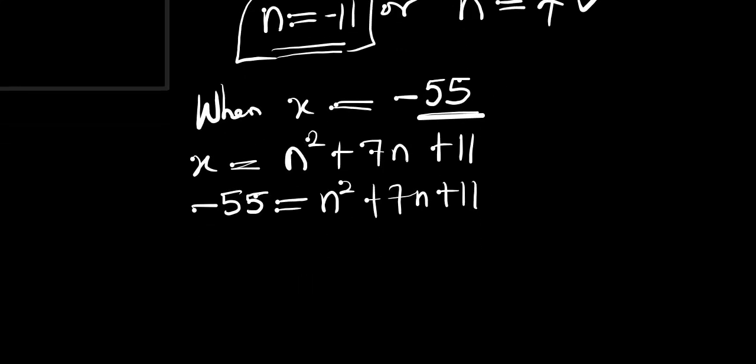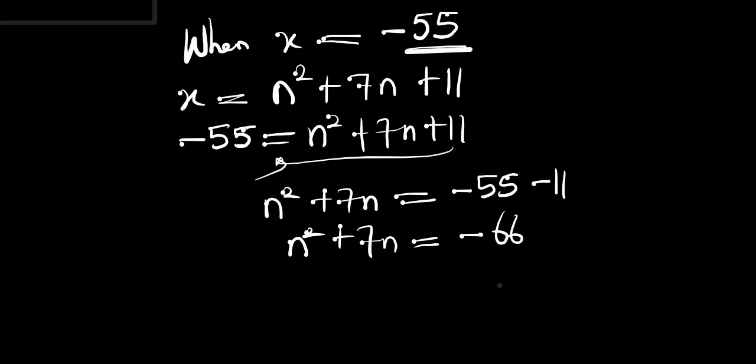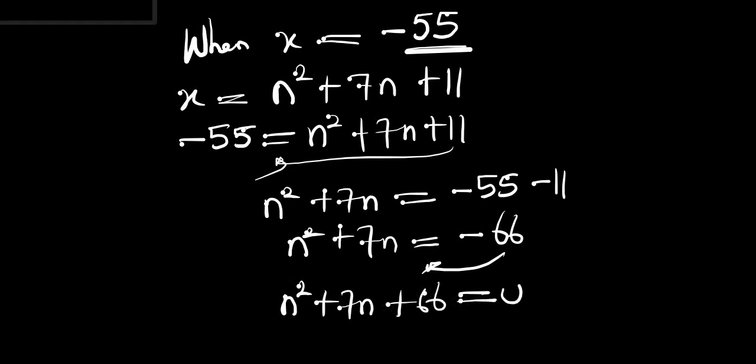So from here we are going to have n squared plus 7n equals negative 55 minus 11, which will give you negative 66. Then we can bring it down here. We are going to have n squared plus 7n plus 66 equals 0.